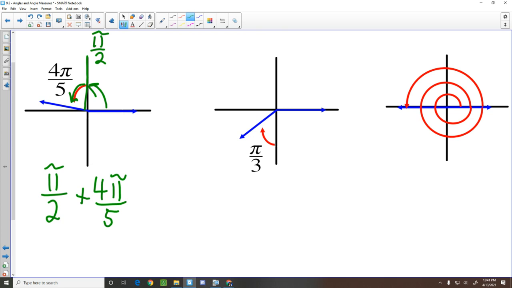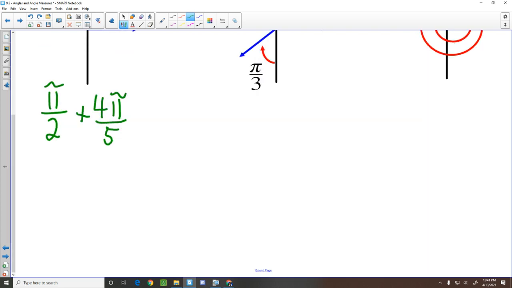I've got 2 fractions. What do we need to do to add fractions together? Exactly right, we need a common denominator. Look at 2 and 5. What is the LCM of 2 and 5? 10. Let's make those both into 10s. You could do 1,000 also if you really wanted. I'm going to multiply this by 5 over 5, because I can multiply by the same thing on the top and bottom since that's equal to 1. This one I'm going to multiply by 2 over 2.